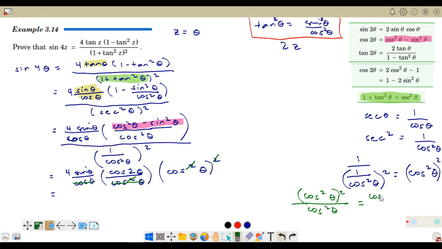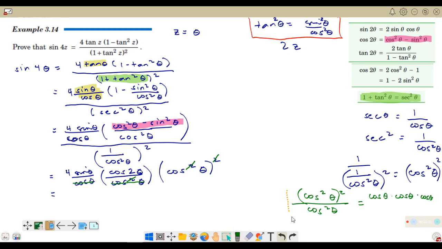Meron tayong 4. Cosine squared theta, cosine theta times cosine theta. Tapos, dalawang beses mo ulit siya, tapos i-multiply mo ulit siya sa sarili niya. So, dalawang beses ulit times cosine theta.